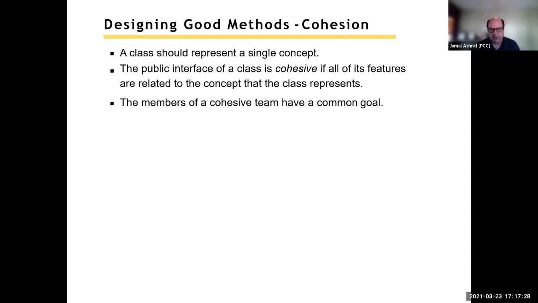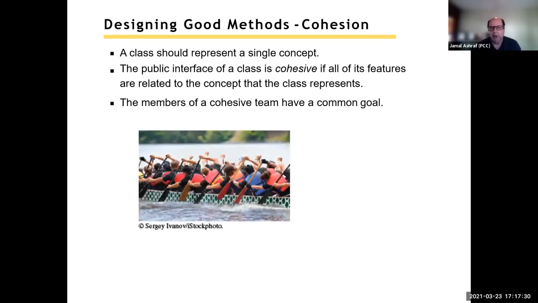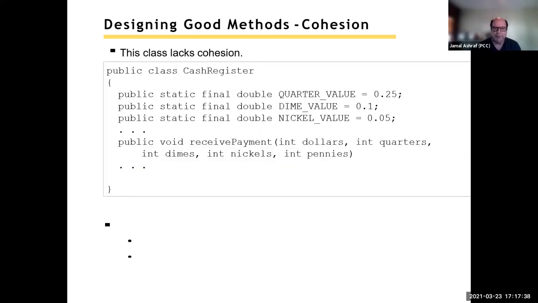So we can talk about the common goal, that everybody is going to have the same goal. Now, we are looking at this. We have receive a payment, and we have a cash register.